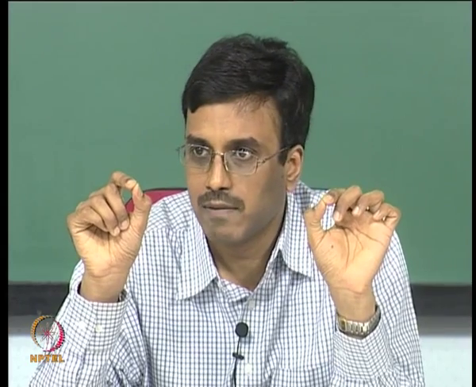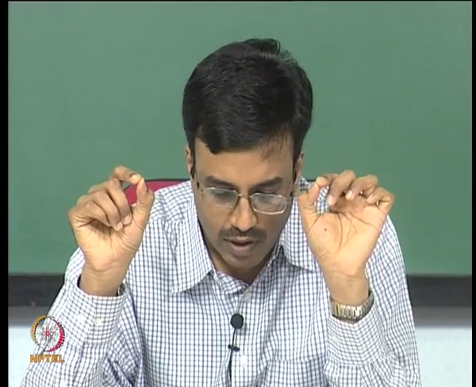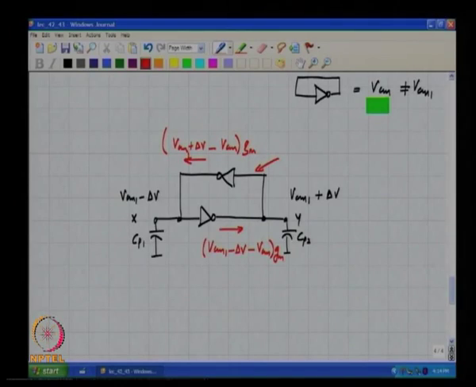In other words, the current outputs of the two inverters were purely differential, correct. However, if the trip points of the inverter are different from the two initial voltages to which Cp1 and Cp2 have been charged, what do we see? There is indeed a difference in the currents which is still equal to 2 Gm into delta V. However, there is also a common mode component, okay.